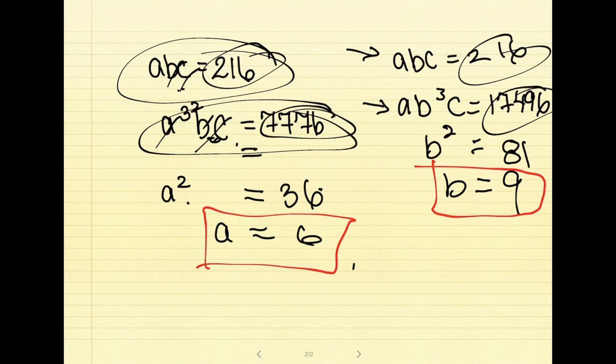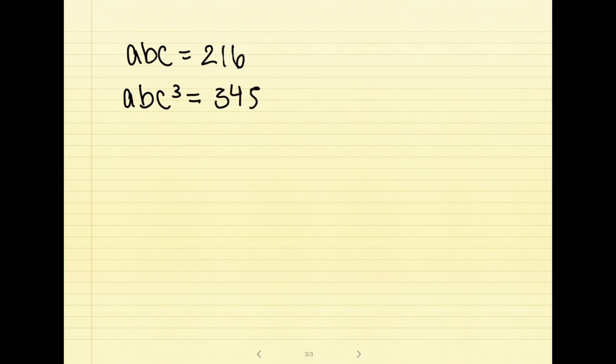How wonderful. And we're going to do the same thing with the last equation we had. So abc was still all the same, 216. And then we have our last equation, which looked like this. We're going to divide this equation by this equation.